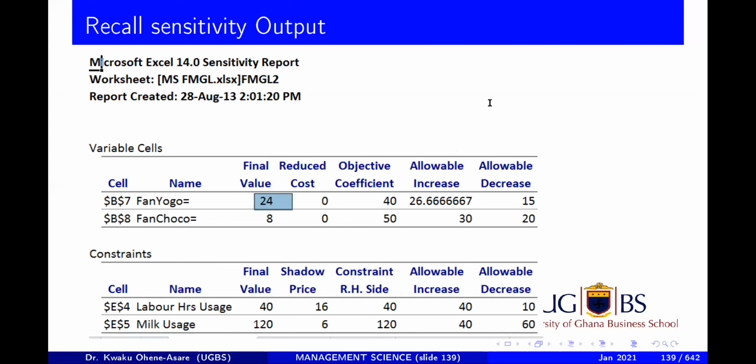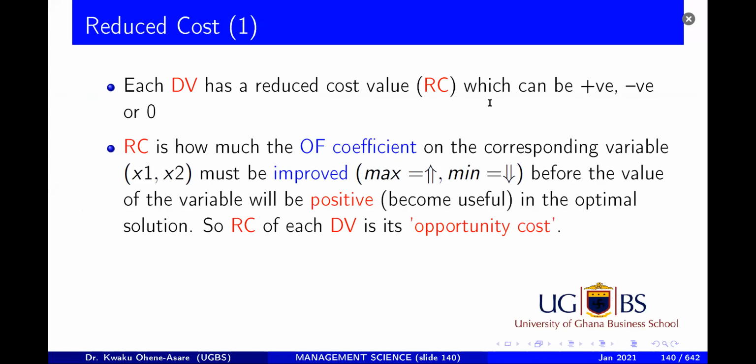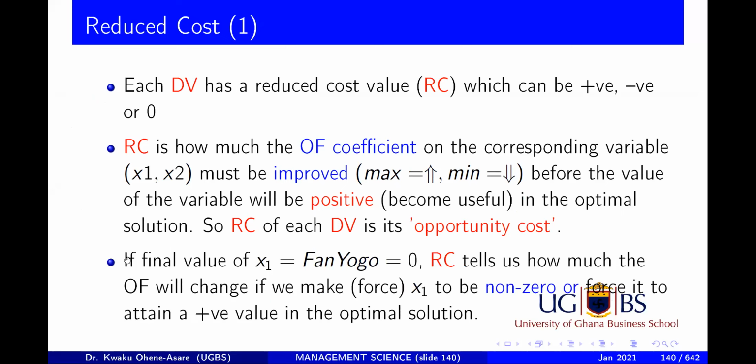Everything I've said is here. The opportunity cost is how much of the objective coefficient we take. If the final value of X is 0, the reduced cost value tells us how much the objective function will change if we force X1 to be non-zero. It simply means that if we force production of X1.